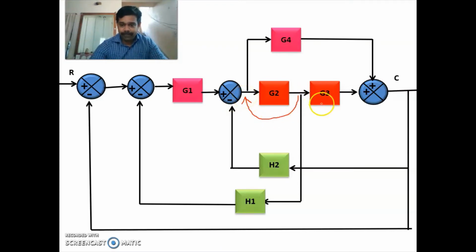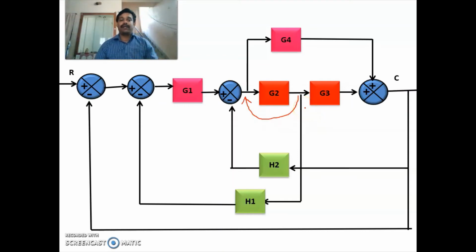Please listen. From this branch point, it is going to H1. So when you are taking this branch point at this point, this G2 will also be coming with this line. But now we are moving this point from here to here, so the G2 will not come.